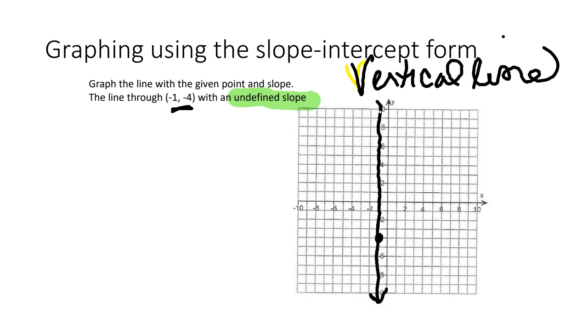It's a vertical line because my slope is the word undefined, or 1 over 0.